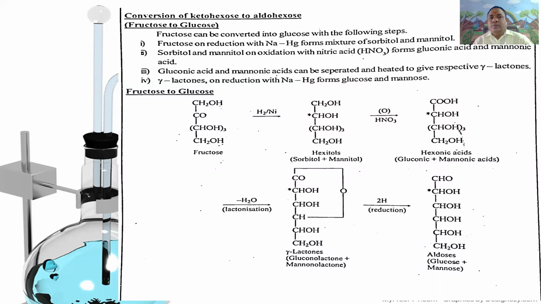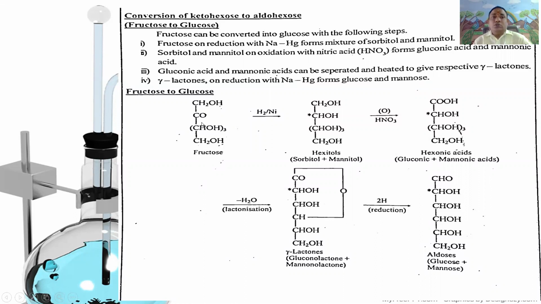In the conversion of fructose to glucose, the chemical reactions involved are as follows. First, fructose is CH2OH, C double bond O, CHOH taken 3, CH2OH. It is called fructose.